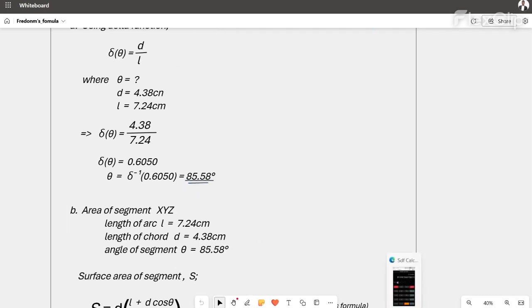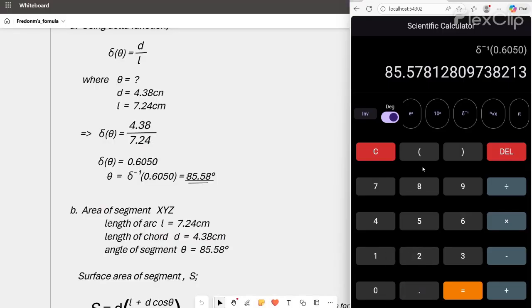This calculator I've used has a function that can convert that ratio, the ratio of the chord length to the arc length, using the inverse delta function, to the angle of that segment, as we did here.